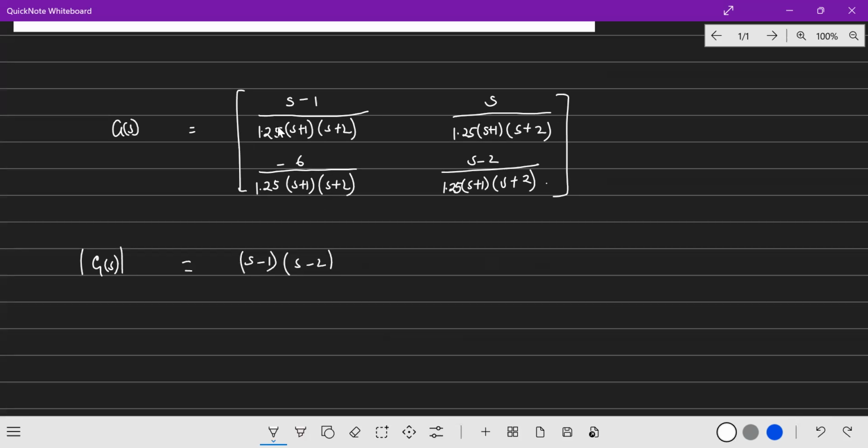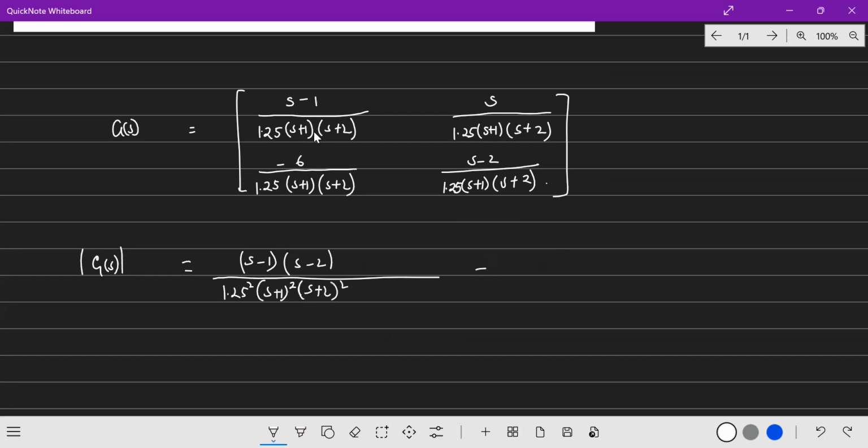And if you notice, the denominators are the same, so you end up having a square number. So this becomes 1.25 squared, S plus 1 squared, S plus 2 squared, right?